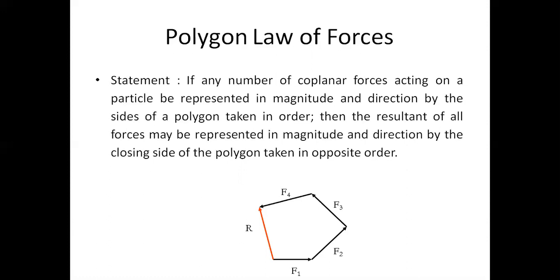Polygon means many sides. It can be 4, 5, 6, 7, 8, 9, 10, any hundreds. But they should be taken in order. If the forces are such that they form a polygon, then the closing side will give the resultant of that entire force system. This is the polygon law of forces.